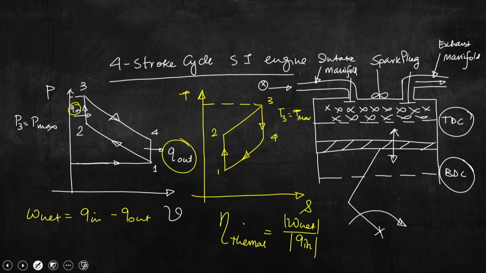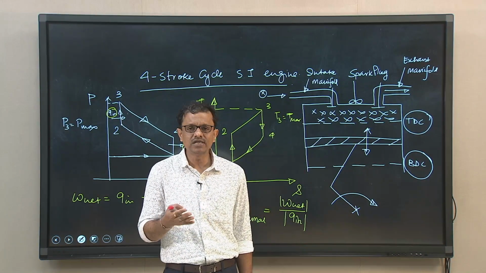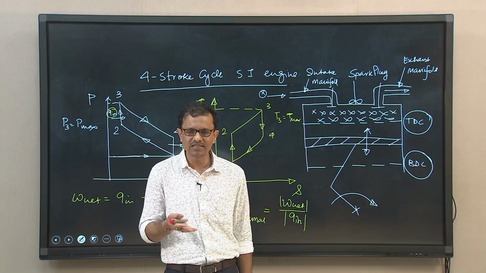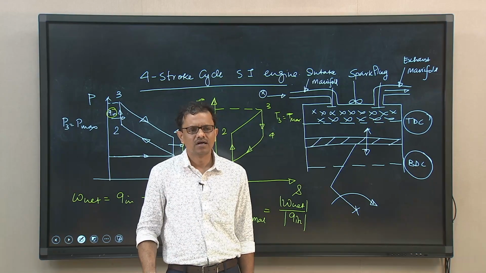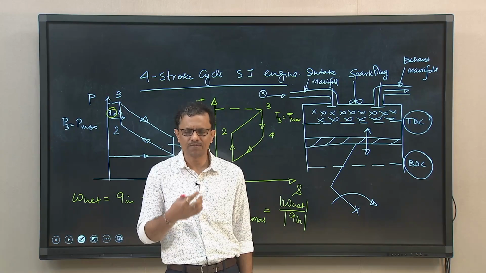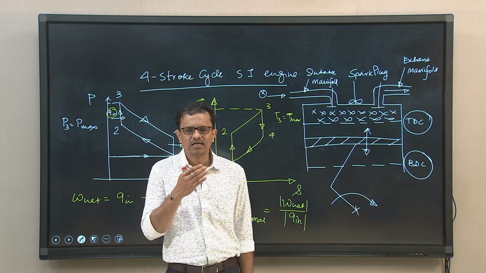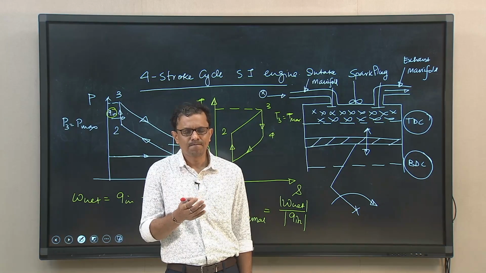Again, as I said, we have assumed that the working substance is air, though it is not purely air, it is an air-fuel mixture. You have studied the consideration or validity of this approximation, but it is mostly air, though not pure air.